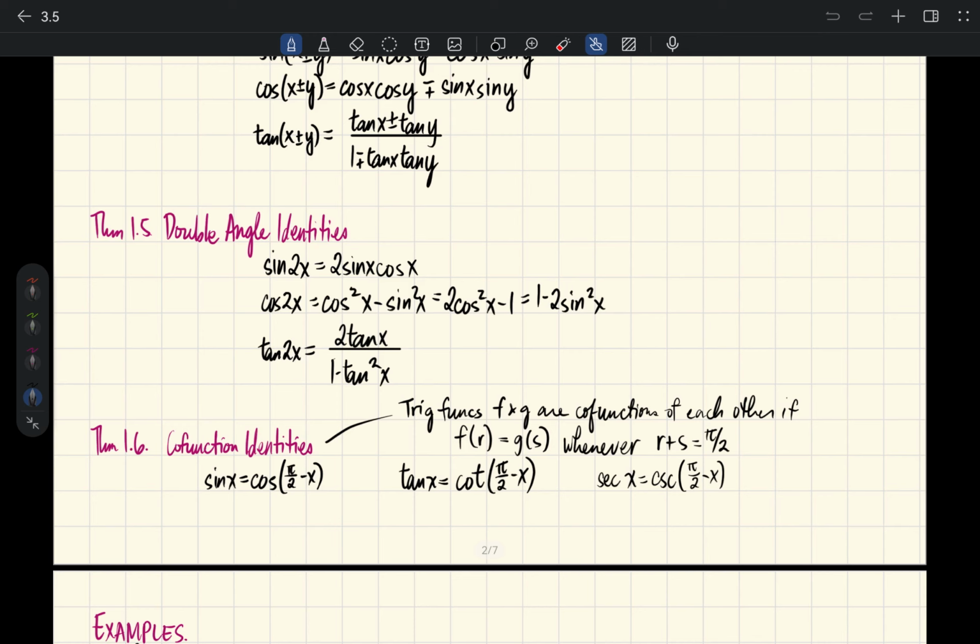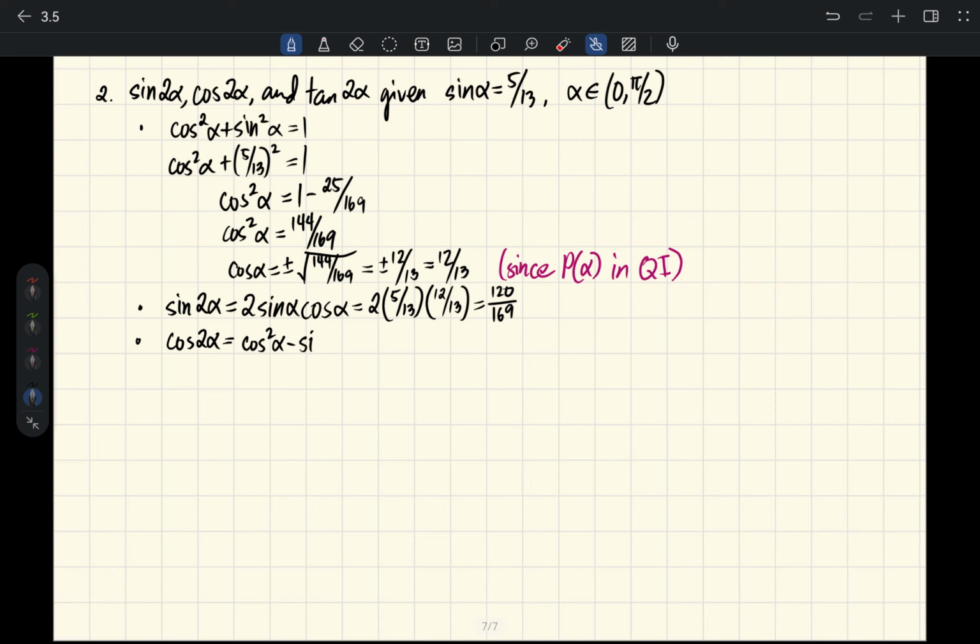So we have here cosine squared alpha minus sine squared alpha. So that's cosine alpha, that's 12 over 13 squared, minus sine alpha is 5 over 13 squared.